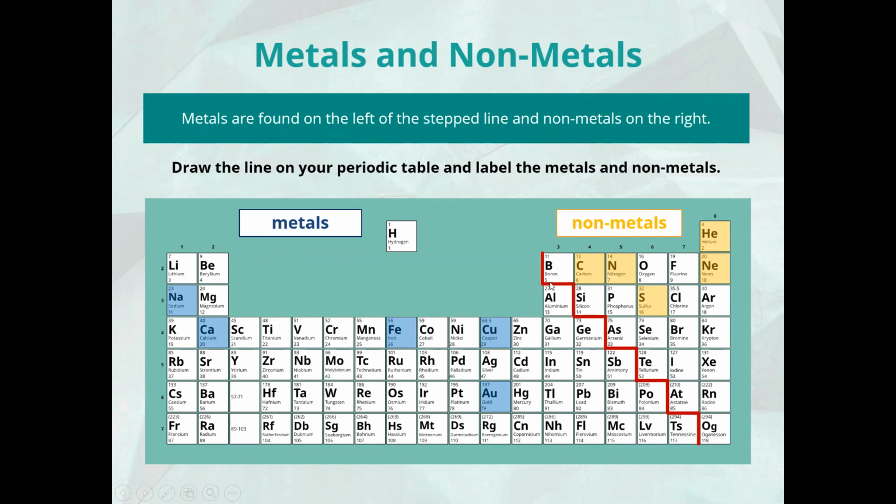There is a red line that you can draw going across the last block over here, and everything to your right hand side will be your nonmetals. Everything to the left hand side of this line will be your, I'm sorry, your metals. So metals are on the left, nonmetals are on the right. Hydrogen is a nonmetal, but it is often put here in the middle.